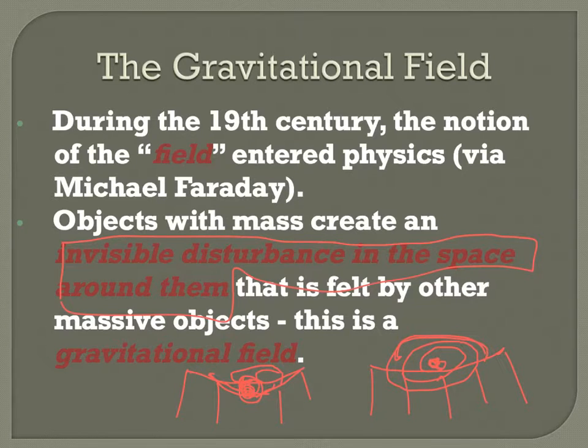This is why if you have a friend who is really big and muscular and sits in the middle of the trampoline, they're going to pull a lot more people towards them. This is how gravity works, and scientists think it's because it alters the actual fabric of space around them. That's a pretty neat concept.